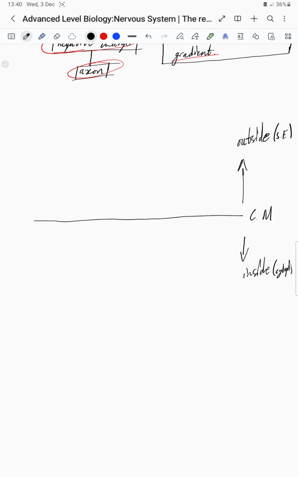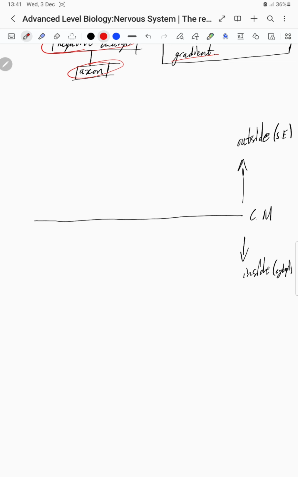So we first said we have concentration. We have important ions which take part in this resting potential. So we have sodium ions and potassium ions, and we have different concentrations inside and outside.